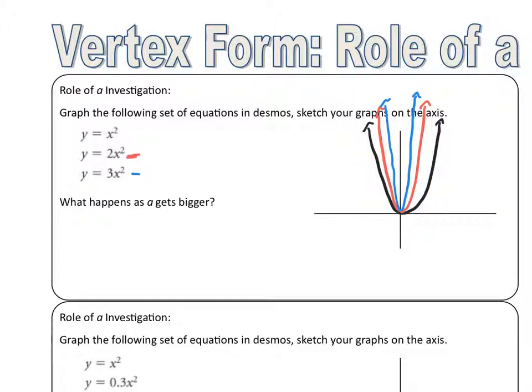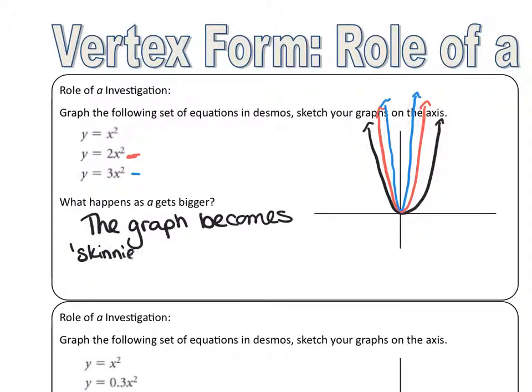So what's actually happening as A gets bigger? You could say the graph becomes, you might have been thinking, skinnier. But what's actually happening is that it is vertically stretched.